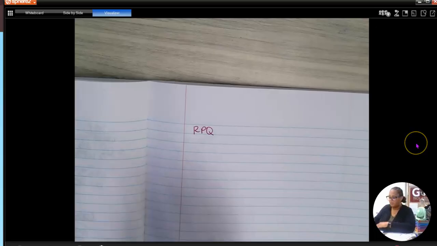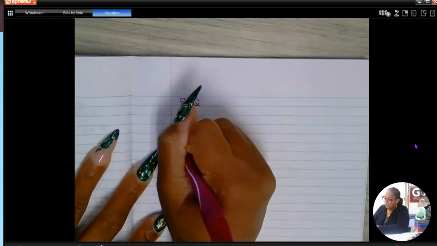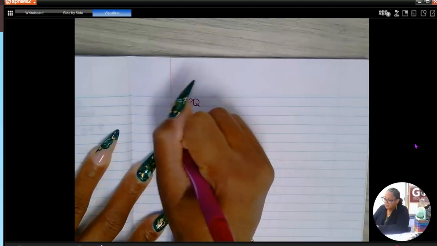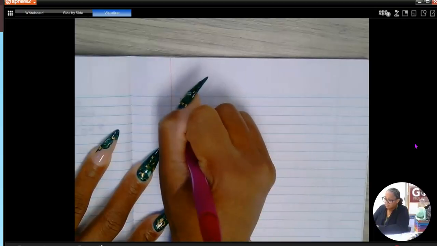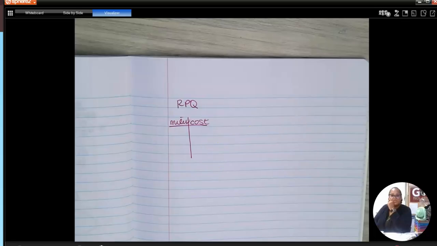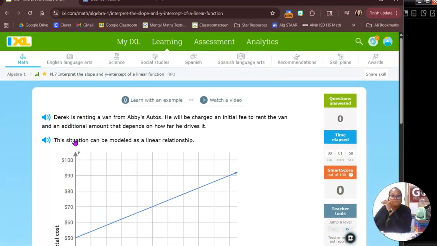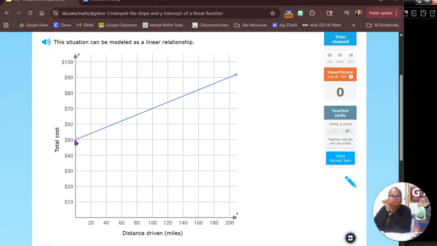So I'm going to come to my paper real quick, make a table, and it's going to be cost in miles. Okay, so let's start with the first point and interpret what that means. This is 0 miles driven. That's my initial fee, my $50. I have to pay $50 to rent this car for starters.